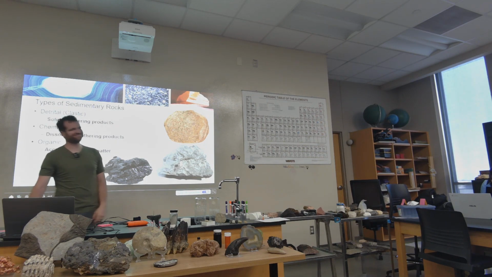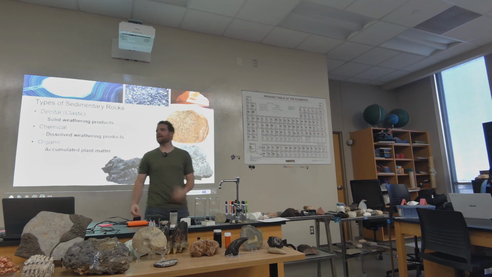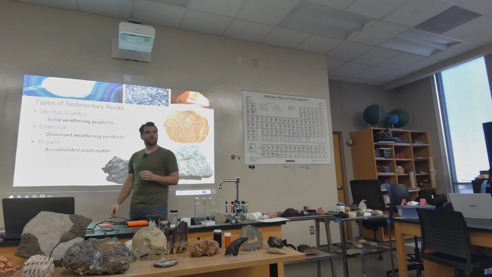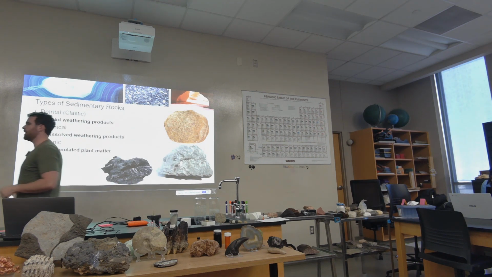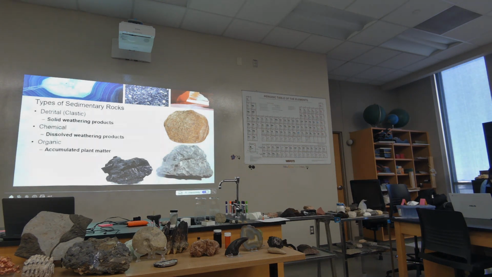Nuh-uh. Okay. Sedimentary rocks. Sedimentary rocks are divided into clastic sedimentary rocks and then what previously I called non-clastic sedimentary rocks. Now in this class, I'm going to divide even further into two categories. Chemical and organic. Okay? Why?